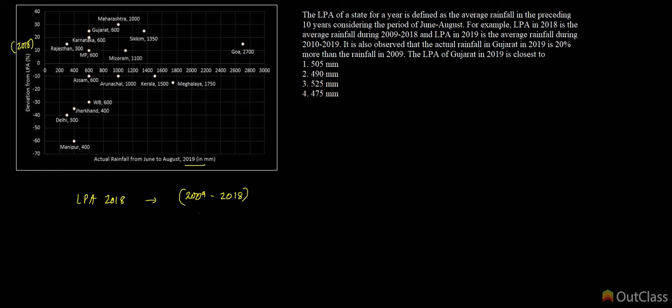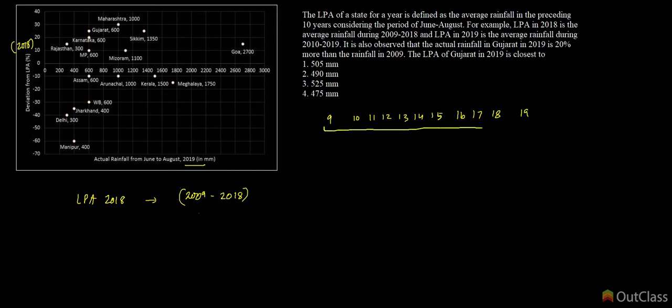It is given that actual rainfall in Gujarat in 2019 is 20% more than that in 2009. LPA of 2019 is closest to what number? So we have 9, 10, 11, 12, 13, 14, 15, 16, 17, 18 and then 19.